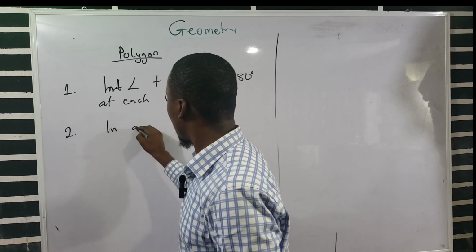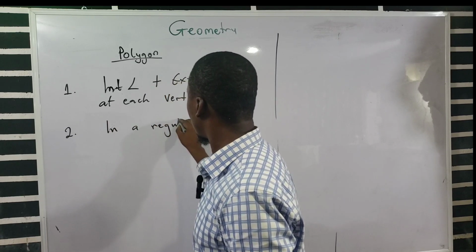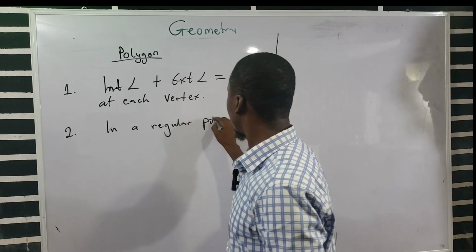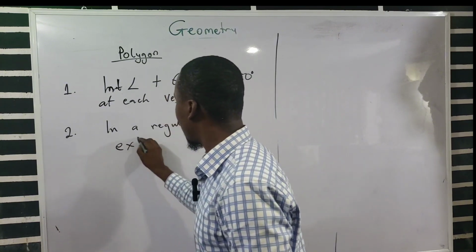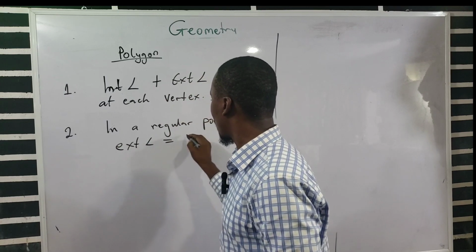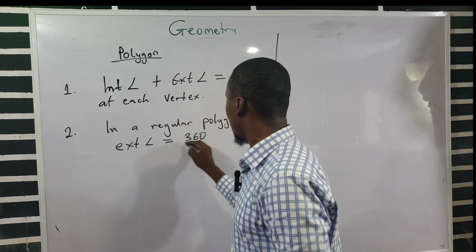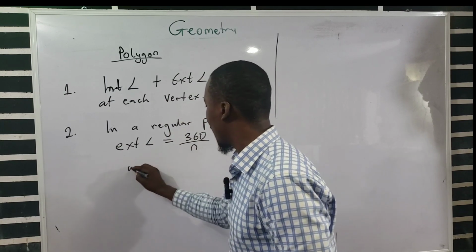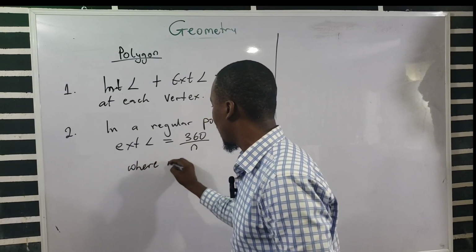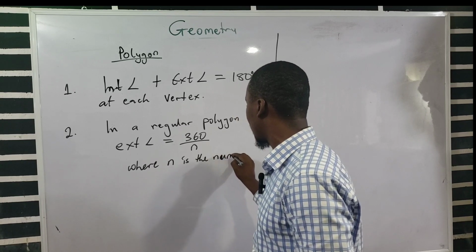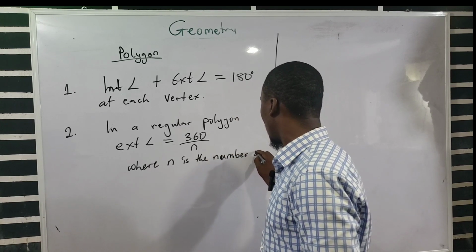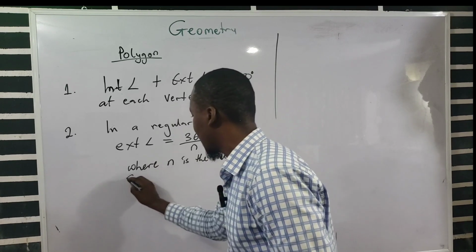Okay, so the second thing that we need to know is that in a regular polygon, the exterior angle is equal to 360 over n, where n is the number of sides.